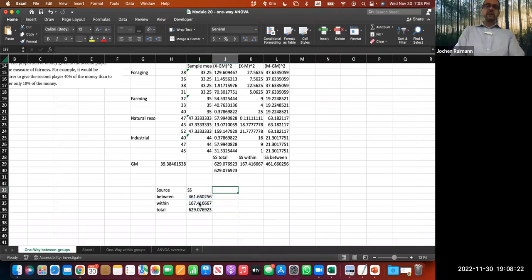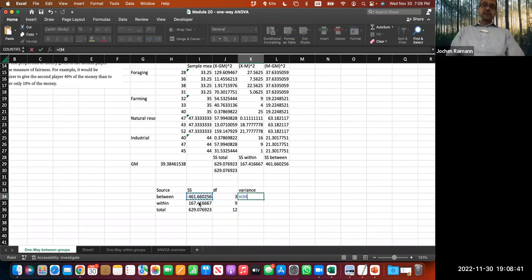With the degrees of freedom that we also know, degrees of freedom between is 3, within is 9, and total is 12. We can now calculate our variance.